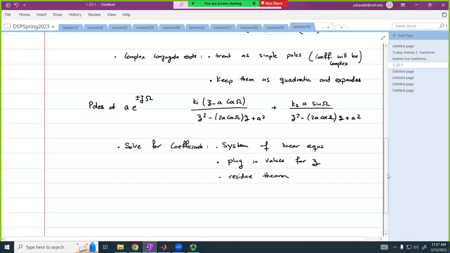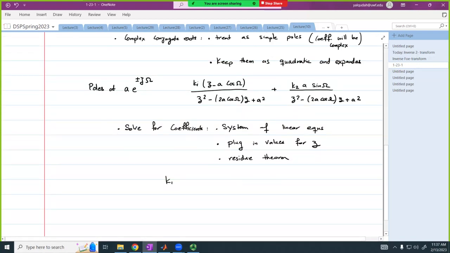And what the residue theorem says, Ki is going to equal X of z divided by z multiplied by z minus pi, evaluated when z is equal to pi. Is that familiar, everybody? Okay.